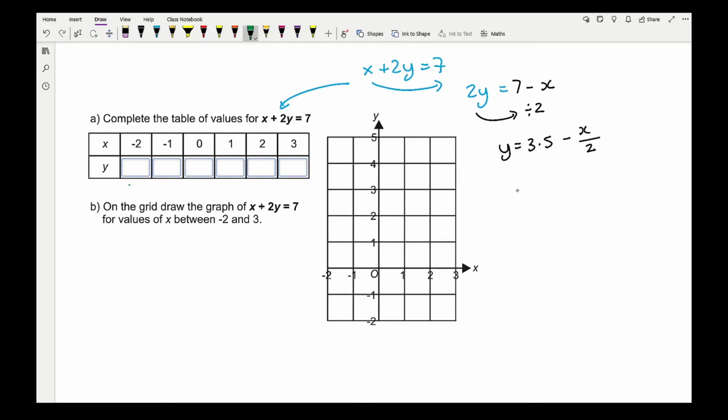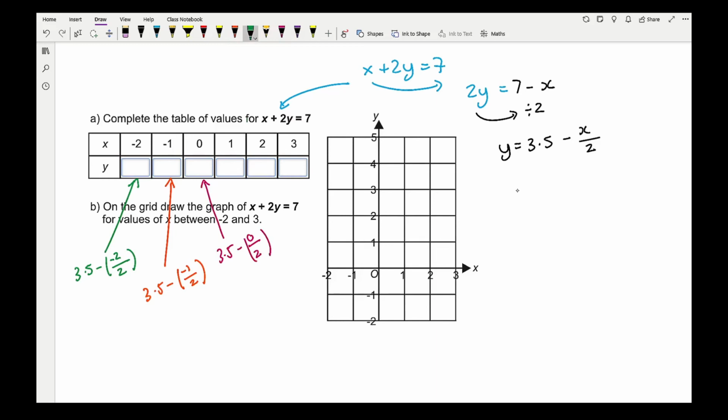So to work out this value here, I'm going to do y equals 3.5 minus 2 divided by 2. This value here is going to be 3.5 minus 1 over 2. This value here is going to be 3.5 minus 0 over 2.